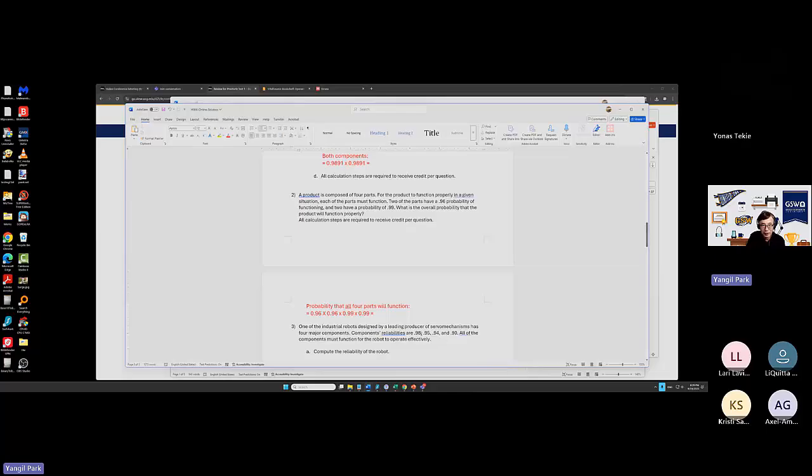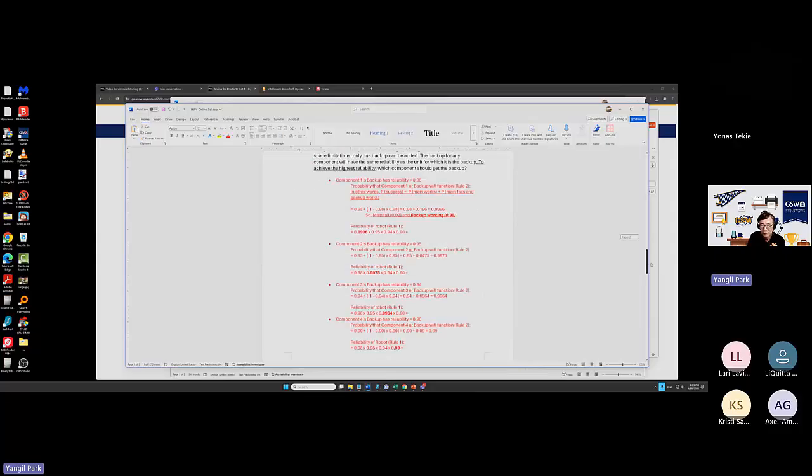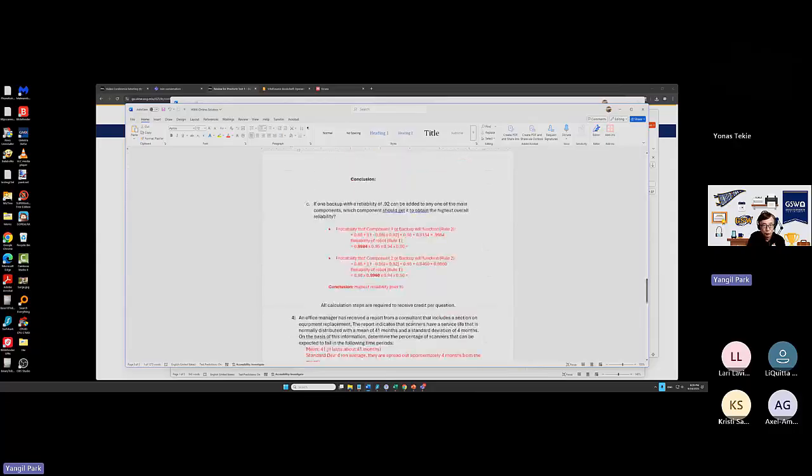Whether it's 0.8 or something else. Without calculation, the instinct is just to go for the lowest, because by giving a backup to the lowest, you can increase the reliability, I assume. That was my intuition, but it all depends on how the calculation comes out.